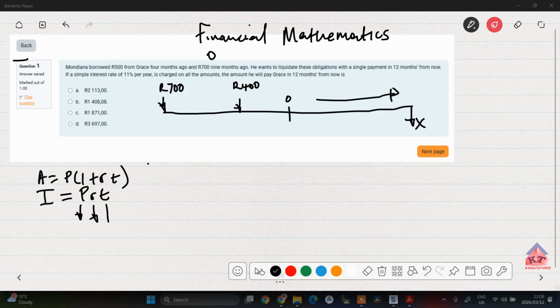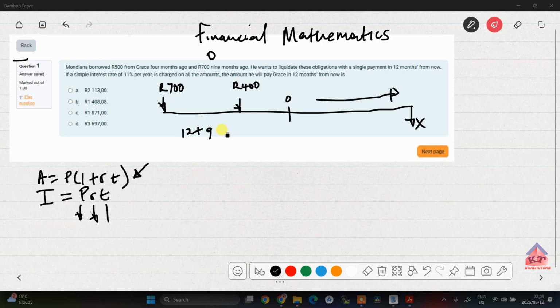For the first case, we are going to calculate how much this 700 will have grown to. For the second case, we are going to calculate how much this 400 would have grown to in 12 months from today. If we look at the first one, this one is 12 months plus 9 months.